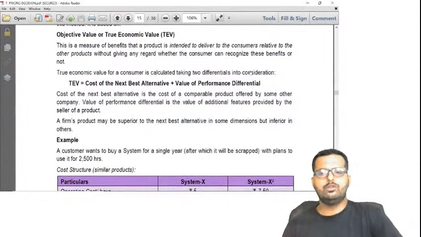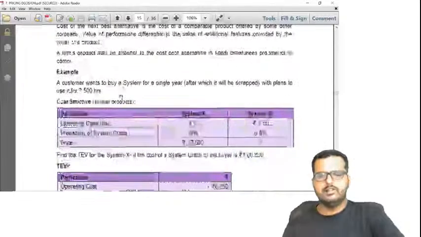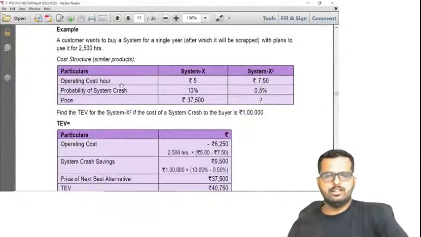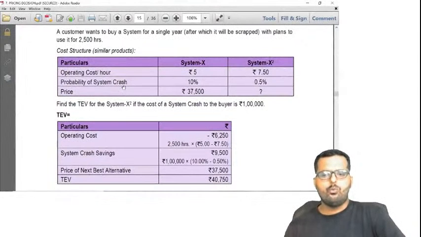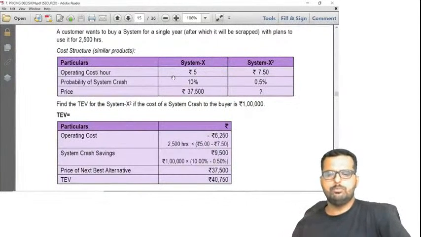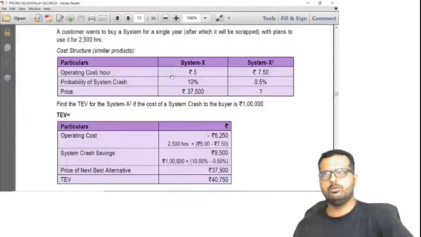Alright friends, I believe you have written this down in your books. This example, I would just like you to read through it and understand it. This is the question, this is the answer. Just read through it, after which I'll explain this whole part to you and it will give you the meaning of what is true economic value. I'll give you 5 minutes time.